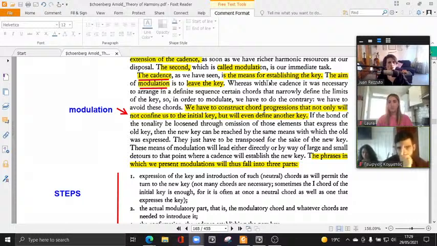Whereas in the cadence it was necessary to arrange in a definite sequence certain chords that narrowly define the limits of the key, which were the chords? Which are they, in a cadence, of course, that narrowly define the limits of the key we are in?